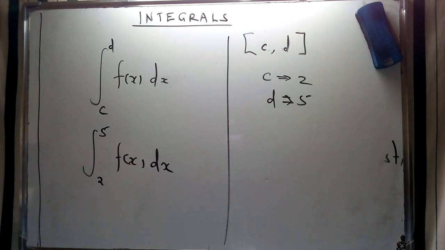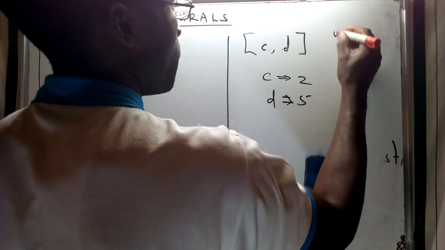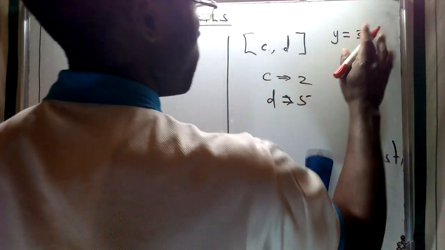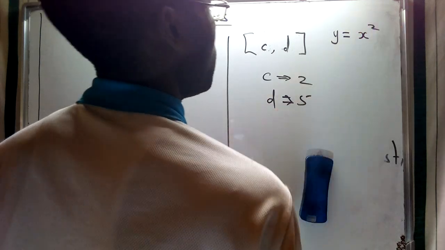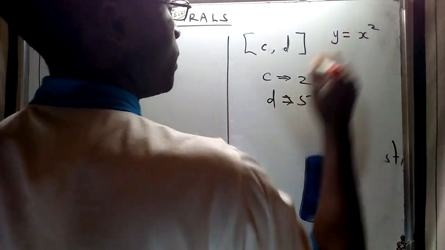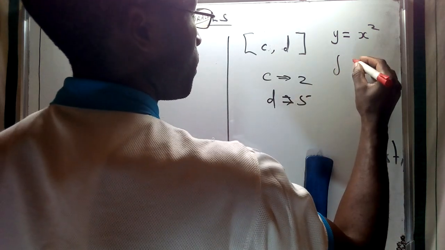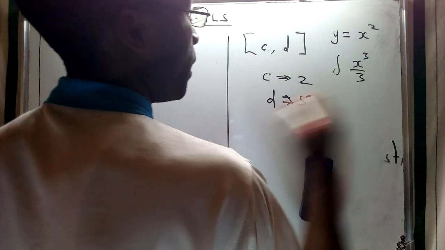If we give an example and say that this function is y equals 3x squared, the integral of this function can be given as x to the power 3 over 3 plus c.